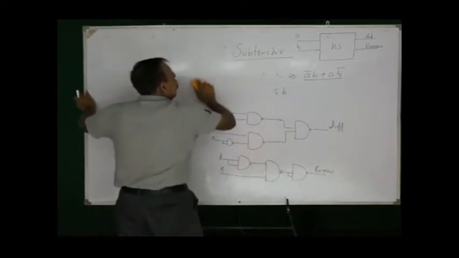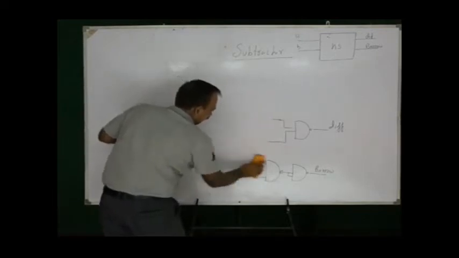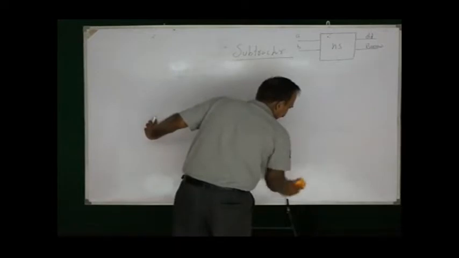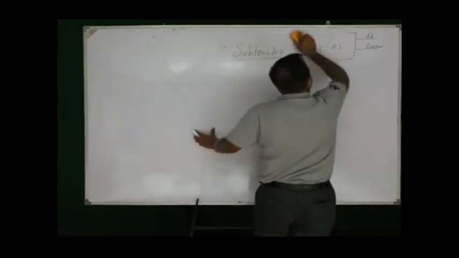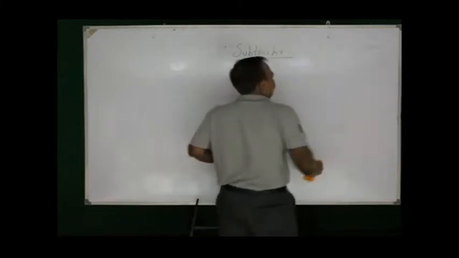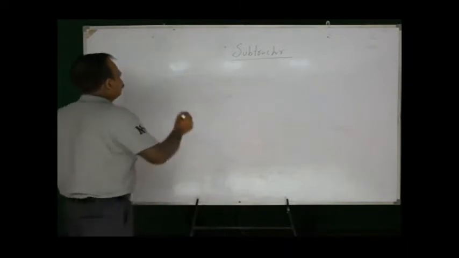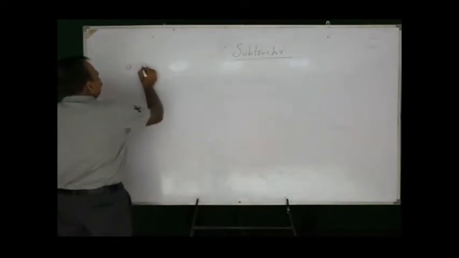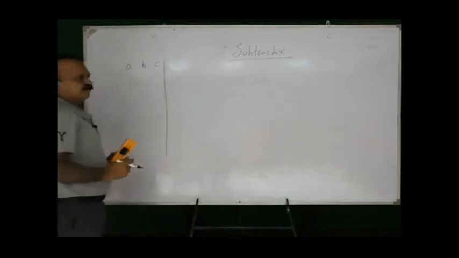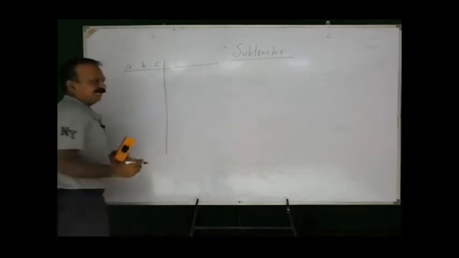I will say A, B, C, and the result I will be finding is A minus B minus C. This will be my result, A minus B minus C. Now we will first generate a truth table for the implementation of this A minus B minus C. As I said, for the full subtractor, there will be 3 input entries, and the total combinations with the 3 values will be 8.